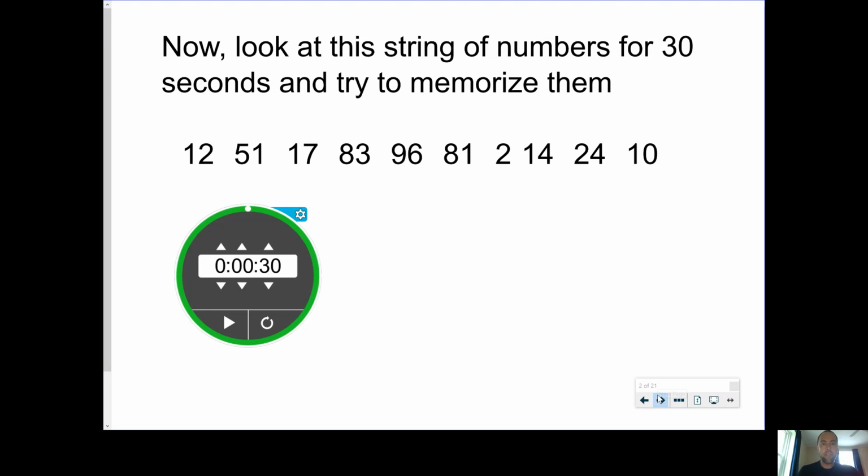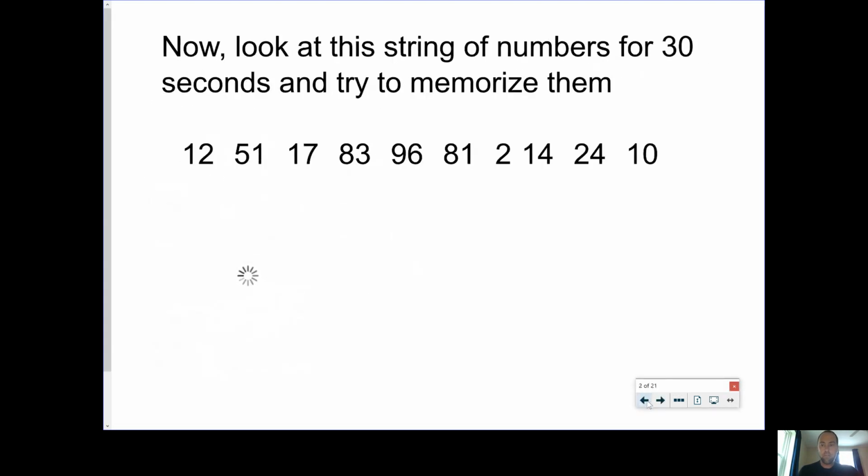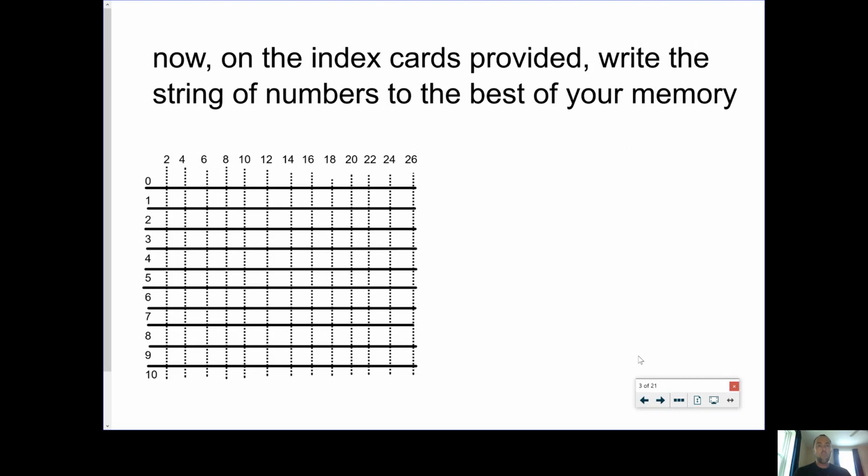All right, now you want to write down the string of numbers to the best of your memory. And this data table here is what you're going to use to record your data.